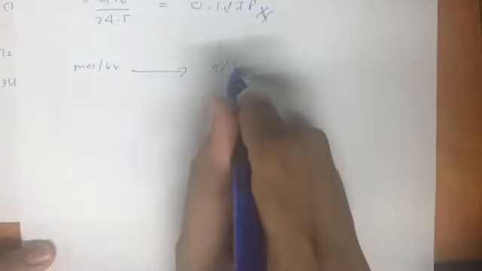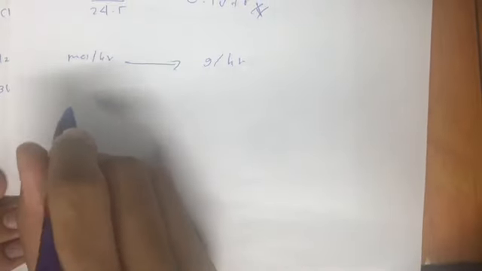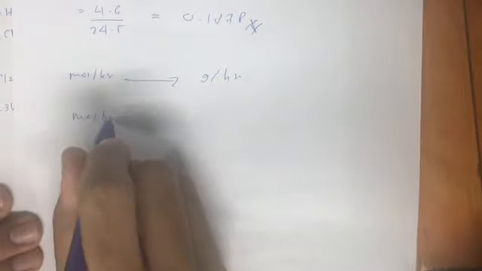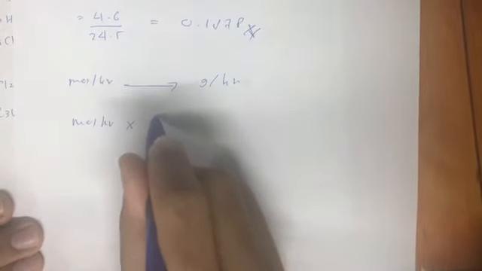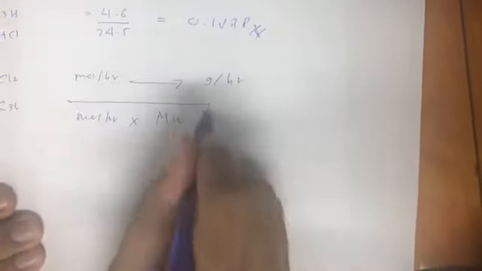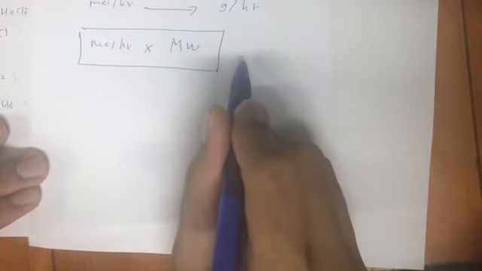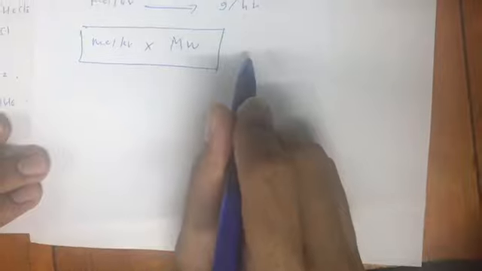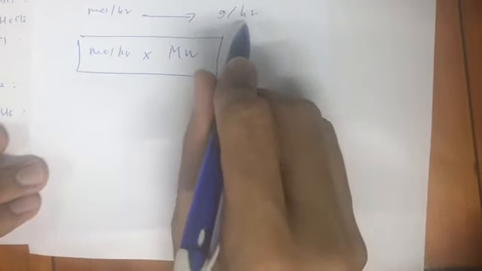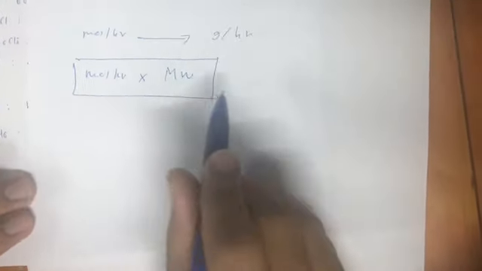Then we must convert this into gram per hour. In order to do this, we multiply the mole per hour by the molecular weight. Using this formula, we can obtain the value of the mass flow rate.